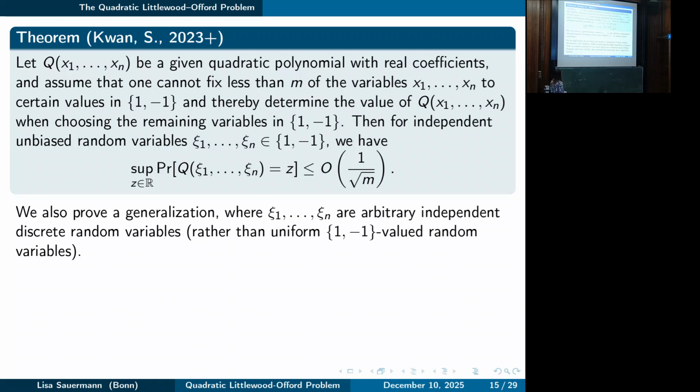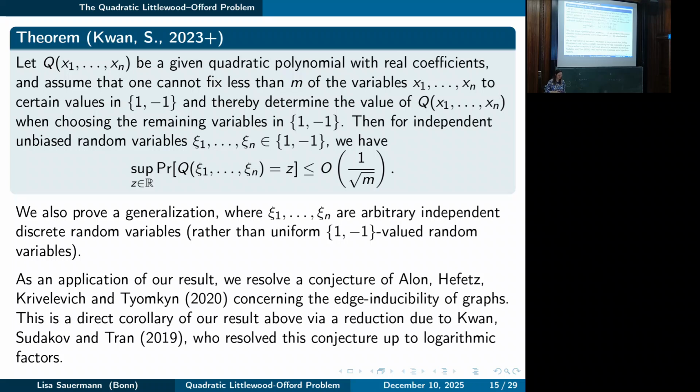Let me also briefly mention that as an application of this result, we resolve a conjecture of Alon, Hefetz, Krivelevich, and Tyomkin concerning the so-called edge inducibility of graphs. That's a graph theory problem which asks how many k-subsets of vertices of a graph can have exactly L edges. Alon, Hefetz, Krivelevich, and Tyomkin asked this in 2020, and in fact they made 3 conjectures, and 2 of them were resolved the same year.